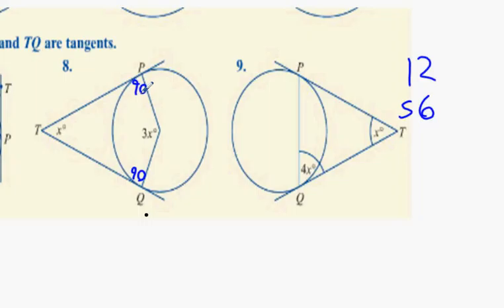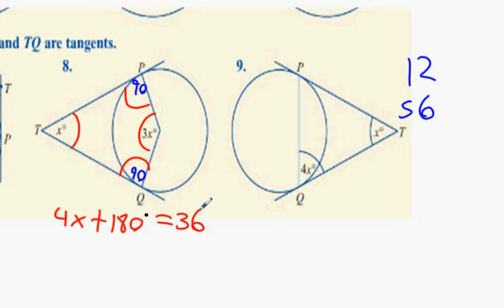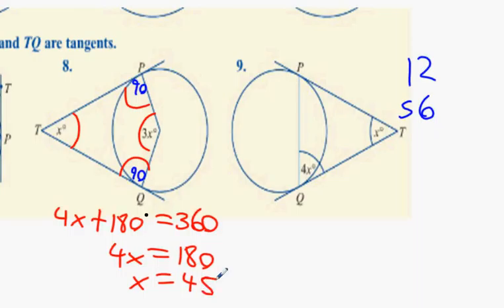So what I'm telling you is that 90 plus 3x plus another 90 plus x is 360. 4x plus 180 has got to be 360. 4x therefore must equal 180. x will equal 45. Is that okay? Yeah.